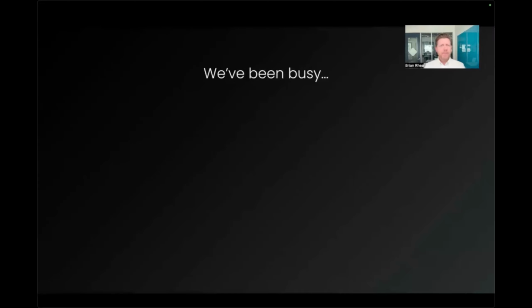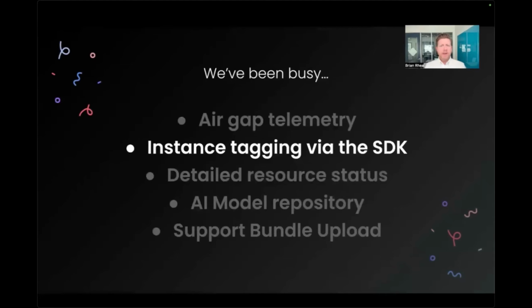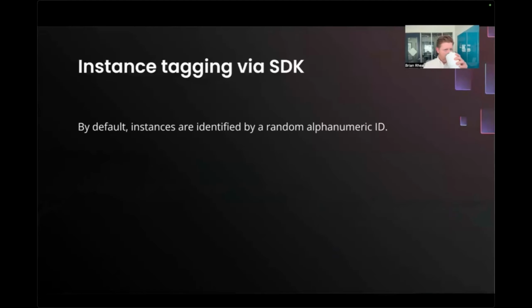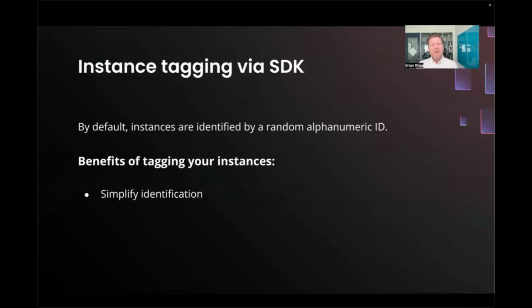So let's talk next about instance tagging via the SDK. By default, all instances are identified by a random alphanumeric ID, fair enough. But the benefit of tagging and naming your instances is that it's much simpler for identification and allows you to improve your data management.